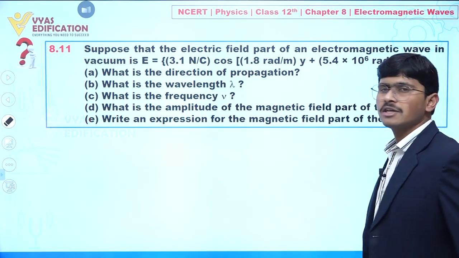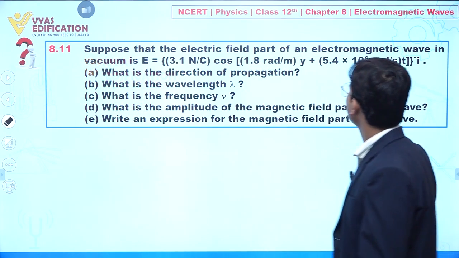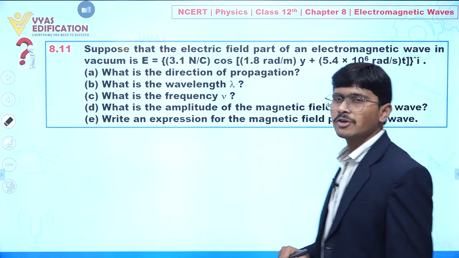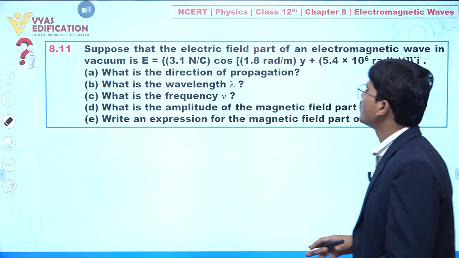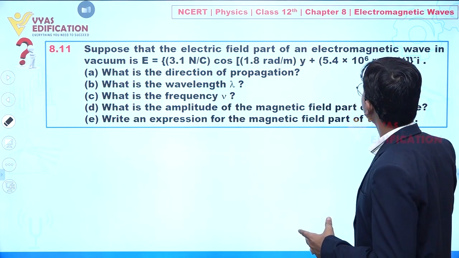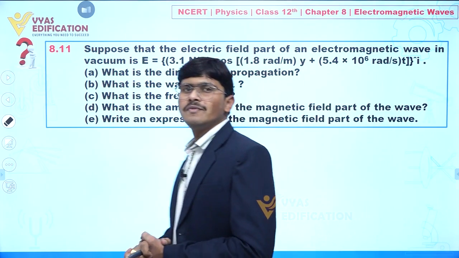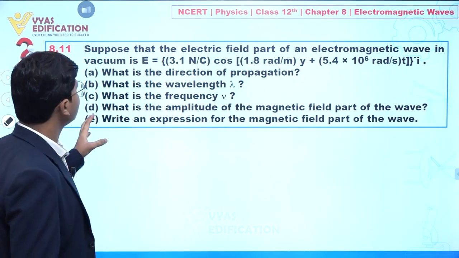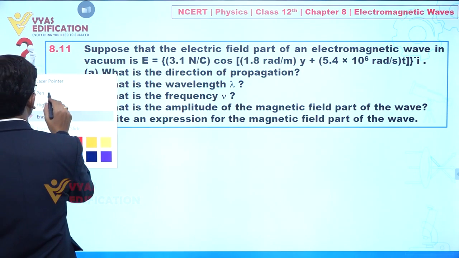In this question it is given that the electric field part of an electromagnetic wave in vacuum is given by E equal to 3.1 Newton per Coulomb cos of 1.8 y plus 5.4 into 10 to the power 6 t, in the direction of i cap. Now we have to find the direction of propagation. First I am writing this expression of electric field, clear.